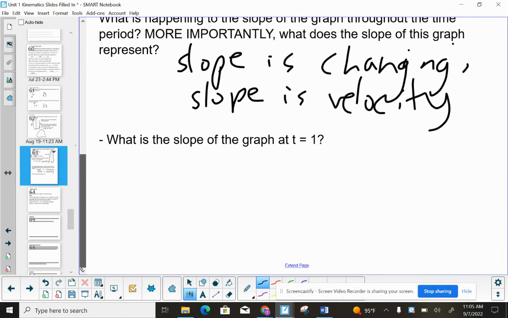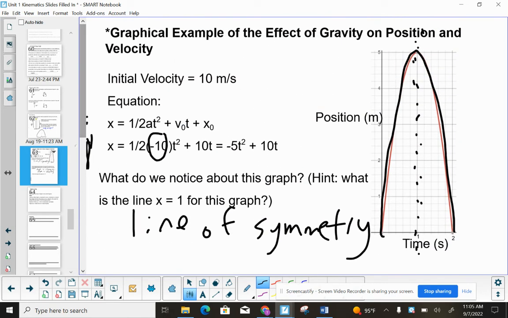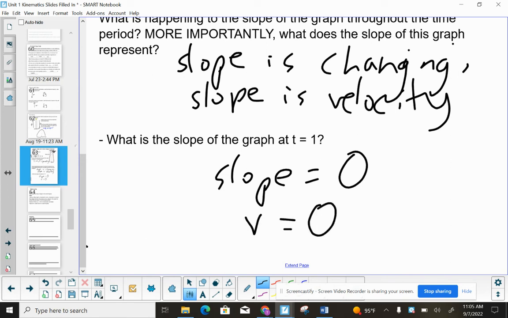Last little question here. This is kind of review stuff. It says, what is the slope of the graph at t equals 1? Let's see if we can recall this, guys. Well, right here at t equals 1, I would have a horizontal tangent line. That means my slope is 0 at t equals 1. And that means my velocity, which is my slope, is 0 at t equals 1.